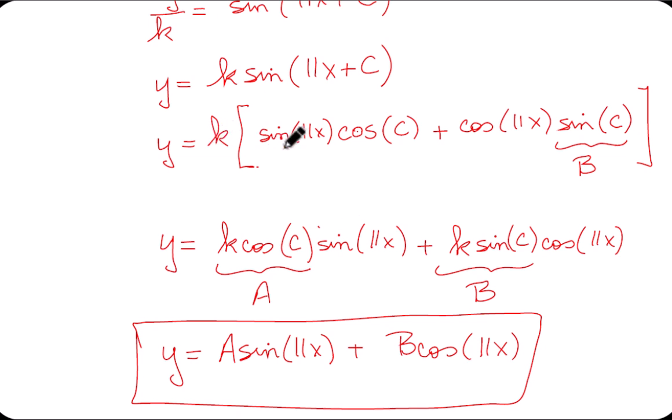This k cosine of c, I'm going to call that a. K in this part, I'm going to call b. And so we finally get to the format that our solution is a sine of 11x plus b cosine of 11x.